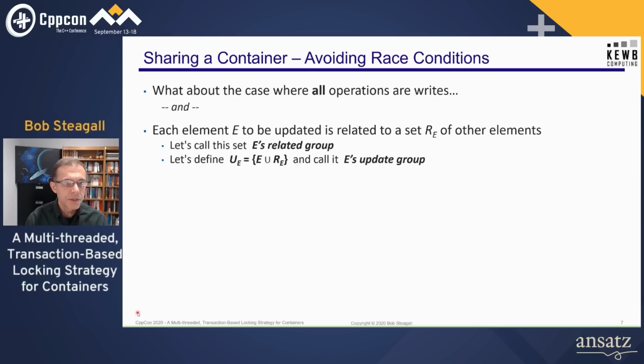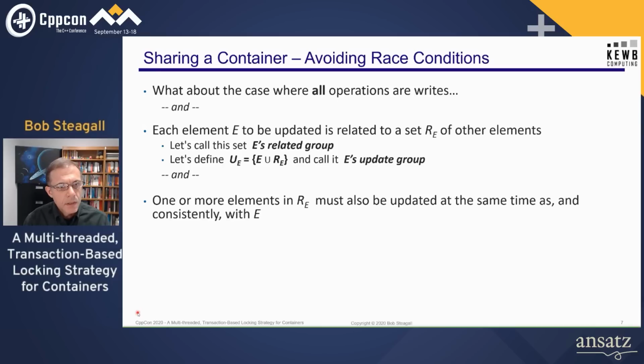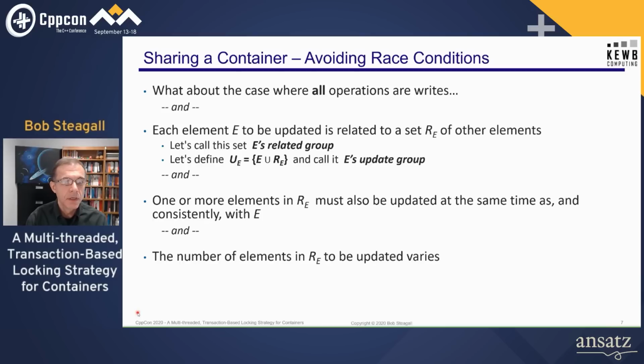So going back to our conditions, now that we know what an update group is, suppose also that one of the elements in E's related group also has to be updated at the same time, consistently with E, not only read, but updated. And the number of elements in the related group varies from transaction to transaction, and the membership of the related group can possibly vary from transaction to transaction.